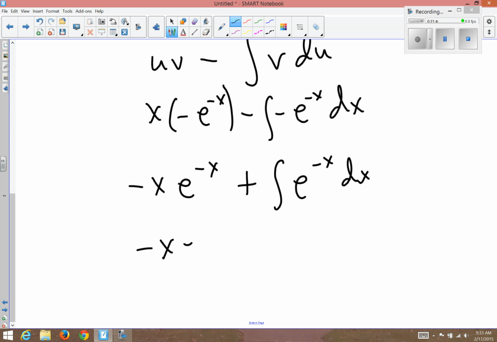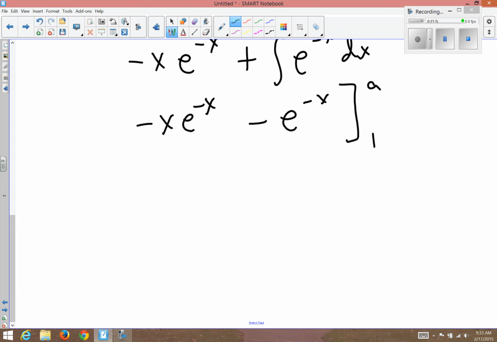That's negative x e to the negative x. And the integral of e to the negative x dx is negative e to the negative x. Instead of plus c, we're going to put a bracket with the a and the 1. All the x's get replaced with a's.